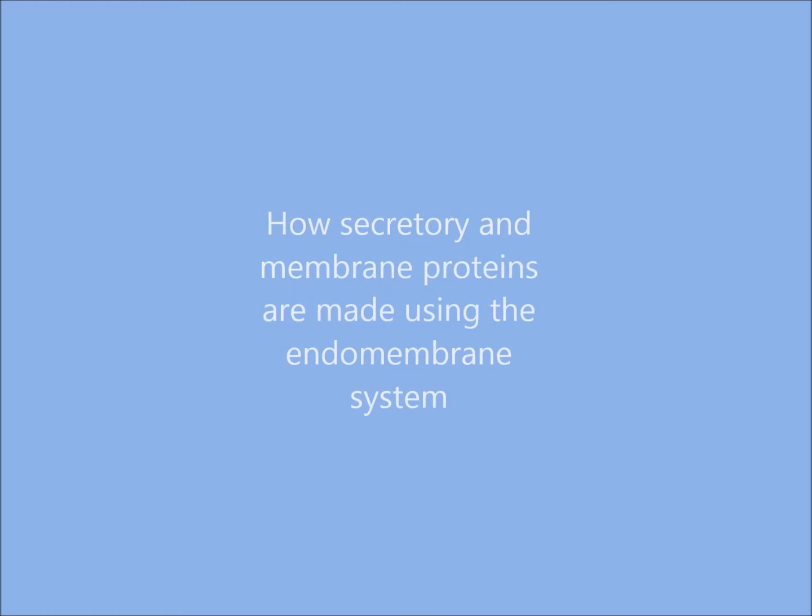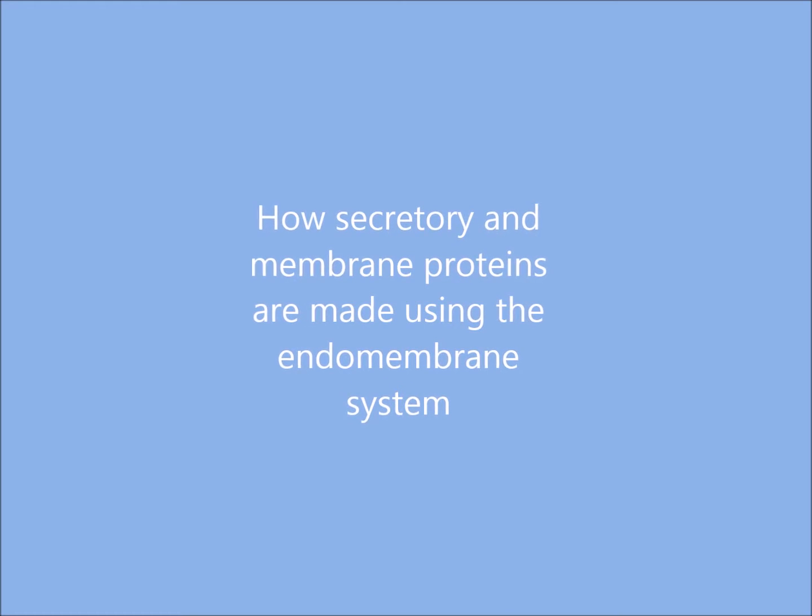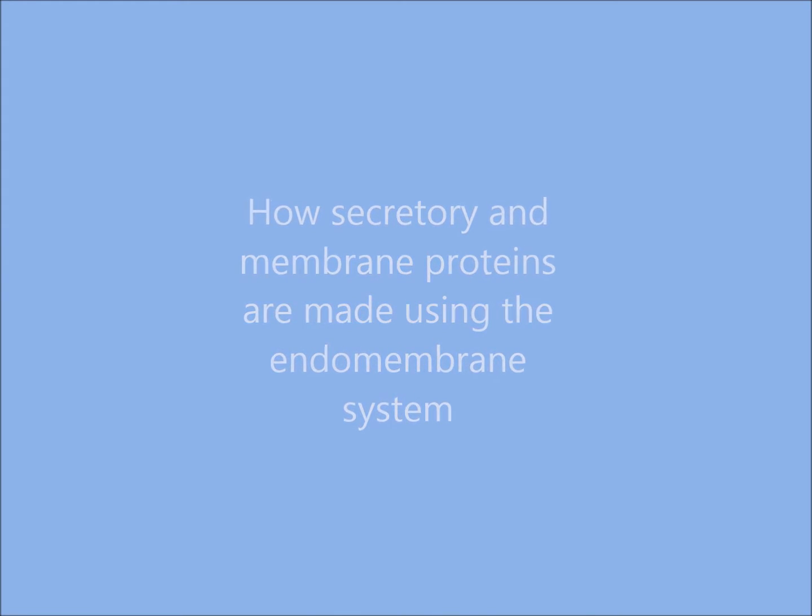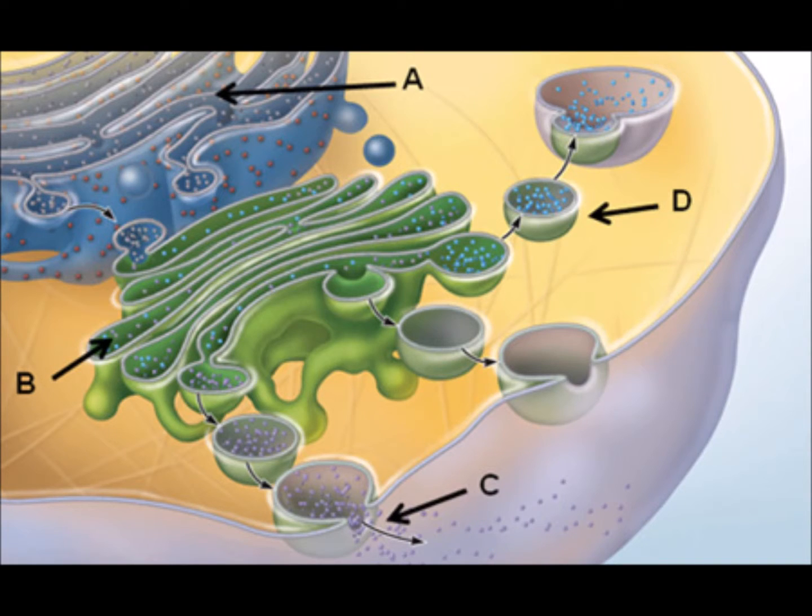Secretory proteins are made on ribosomes bound for the rough ER. The proteins move through the endomembrane system and are dispatched from the trans face of the Golgi apparatus in transport vesicles. These vesicles move through the cytoplasm and fuse with the plasma membrane. When they fuse with the plasma membrane, the protein is released to the outside of the cell in a process called exocytosis.